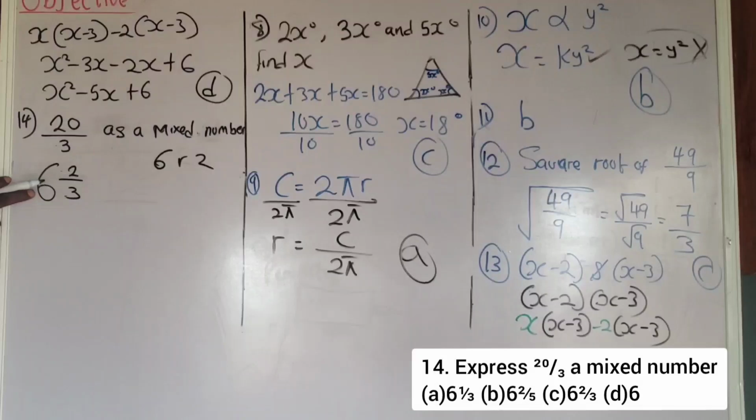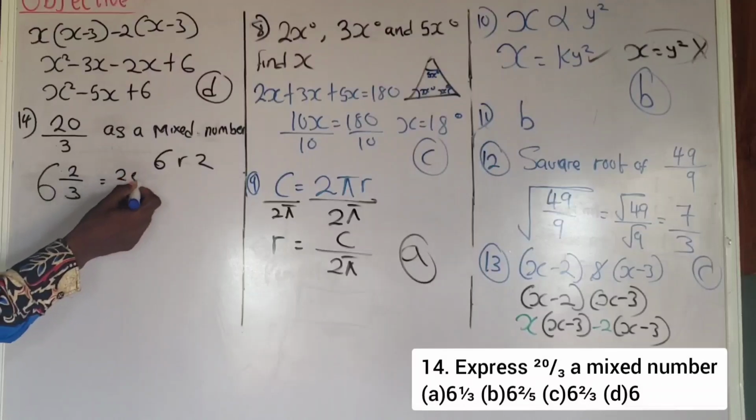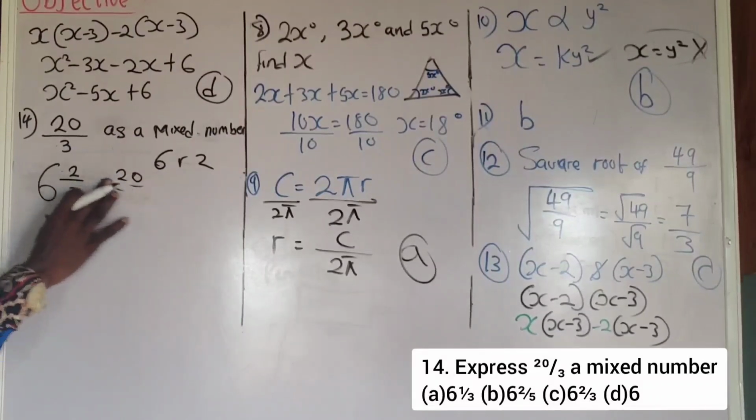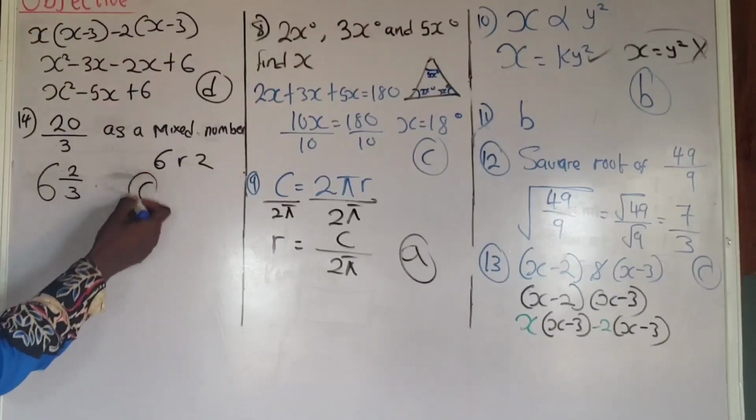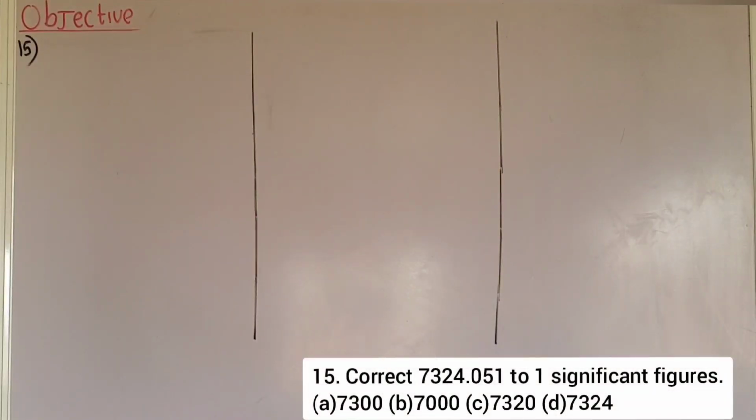By the time you take the product of this and this, you're still going to have 20 over 3. 6 times 3 is 18. 18 plus 2 is 20. So I'm going to have 20 over 3 as well. Do you understand? The right option to that question is option C. Option C is correct. Okay, let us proceed to question 15.